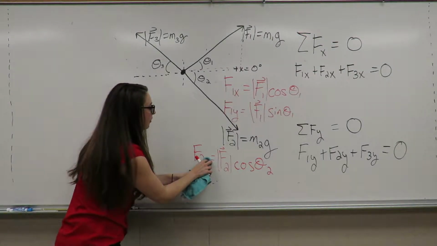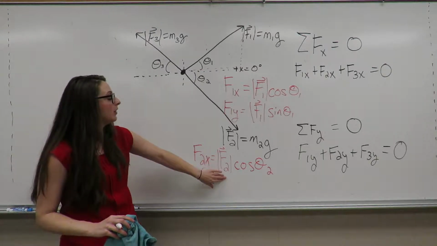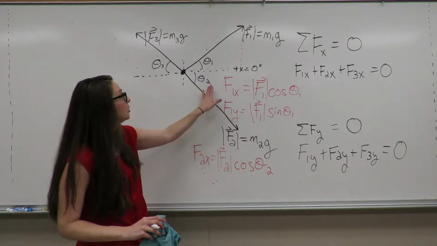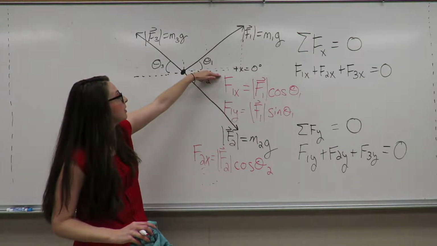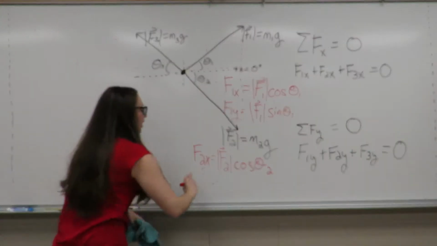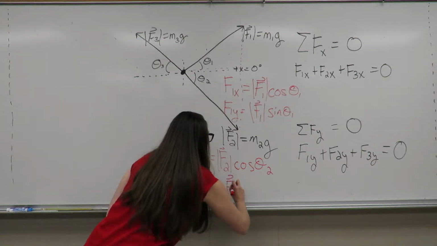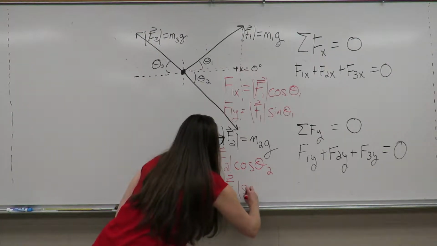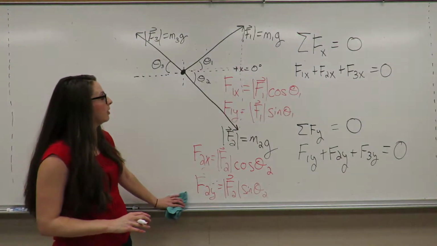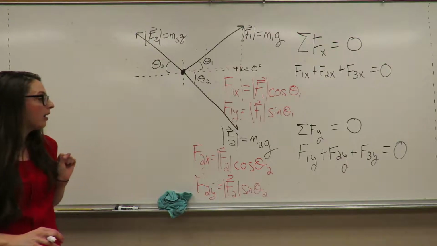The magnitude of F2x is equal to the magnitude of F2, which is its mass times gravity, times cosine theta 2, because we want the adjacent side here of this little triangle I could draw in. And so for F2y, this is going to equal the magnitude of F2 times sine theta 2. Okay? So there we have the values for F1x, F1y, F2x, F2y.